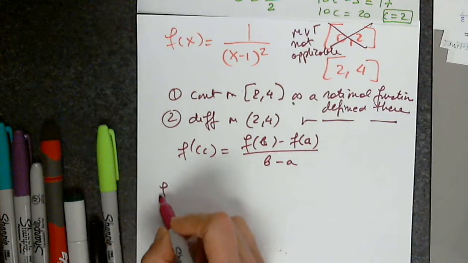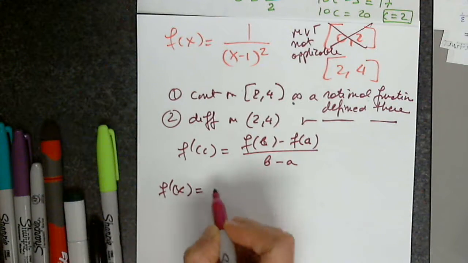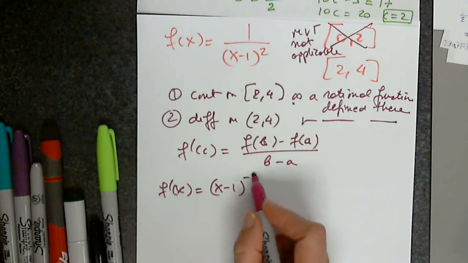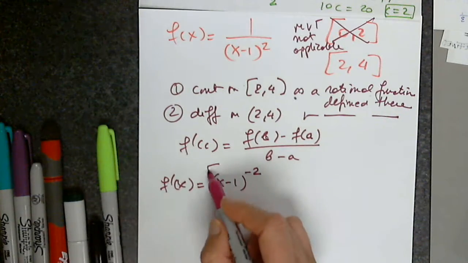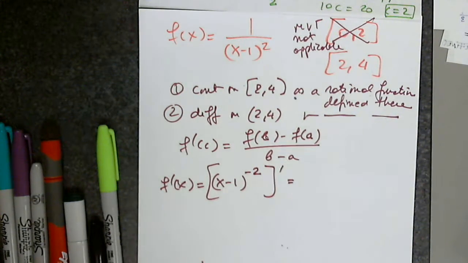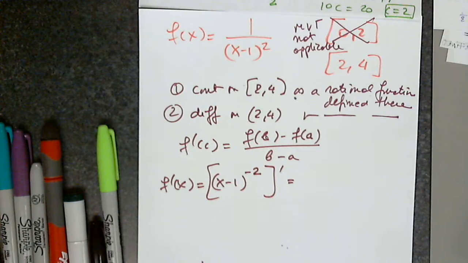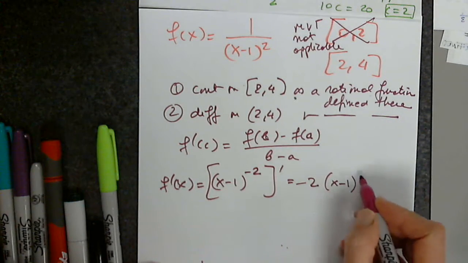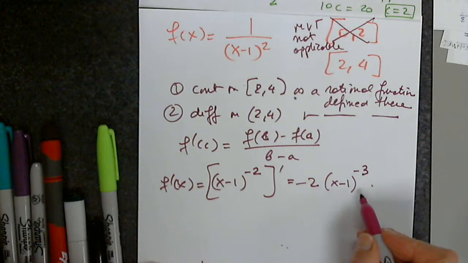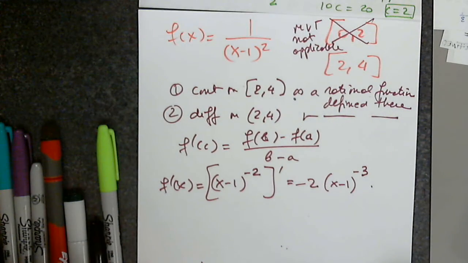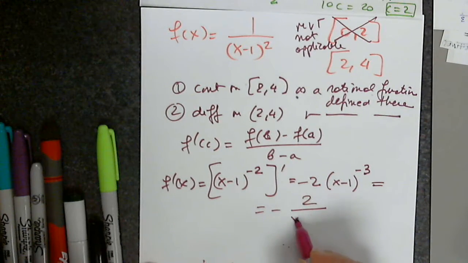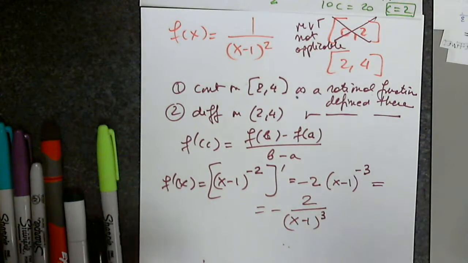I have to find f prime of x first. I will change this into (x minus 1) raised to negative 2, and then I will differentiate. I bring down negative 2, (x minus 1) to negative 3 times the inner function's derivative, but that is 1. So this is negative 2 over (x minus 1) to the third.